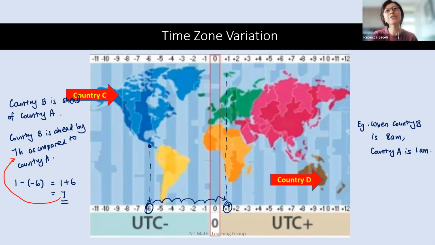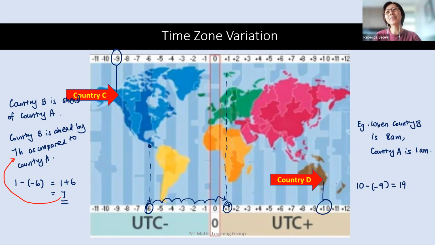Now let's take a look at country C and country D. Country C, -9. Wow. Country D, +10. So how many hours difference? We can take 10, take away -9, that will be 19 hours difference.